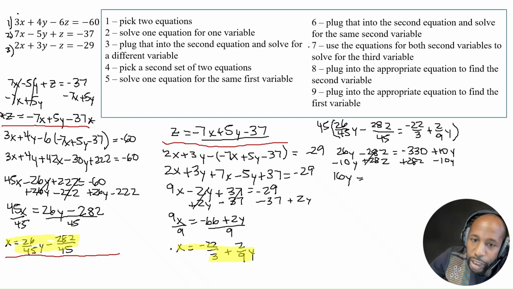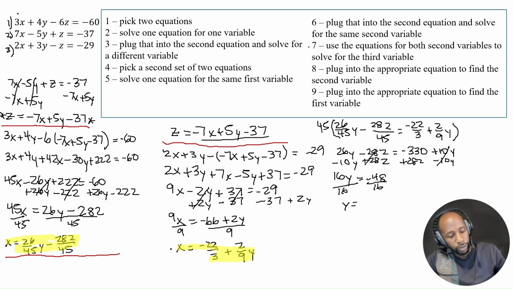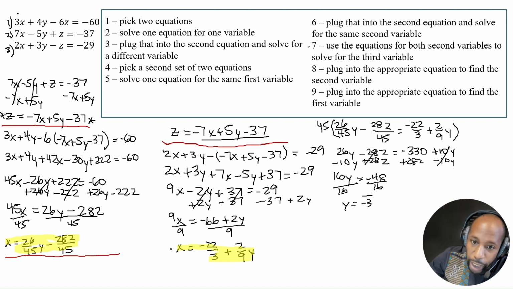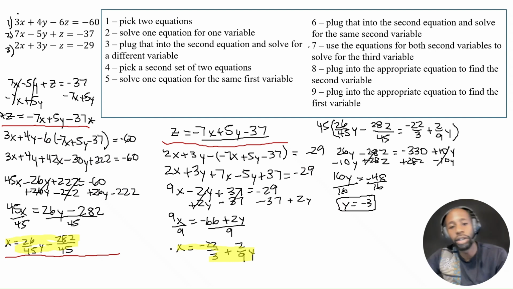It's going to be negative 48. Oh yeah, and that went away. Okay, there we go. Divide by 16. Y is equal to, what's that? 48 divided by 16. Yep, negative 3 in our case. All right, good. Now we're about to come out of this. There's light at the end of the tunnel.